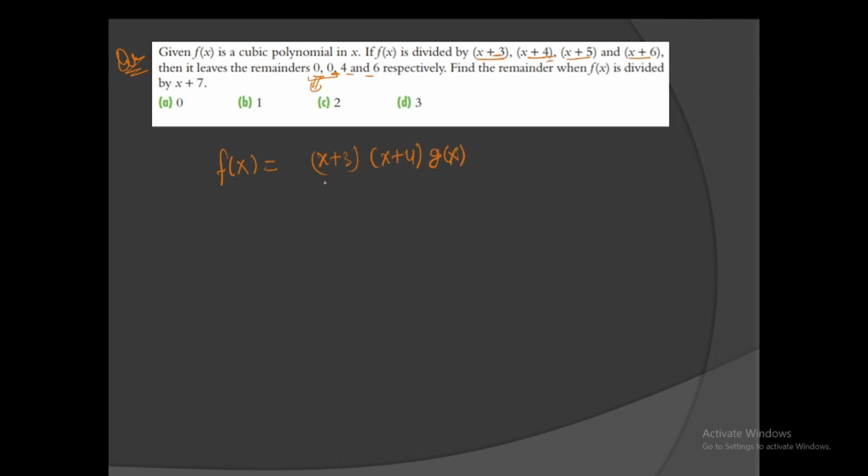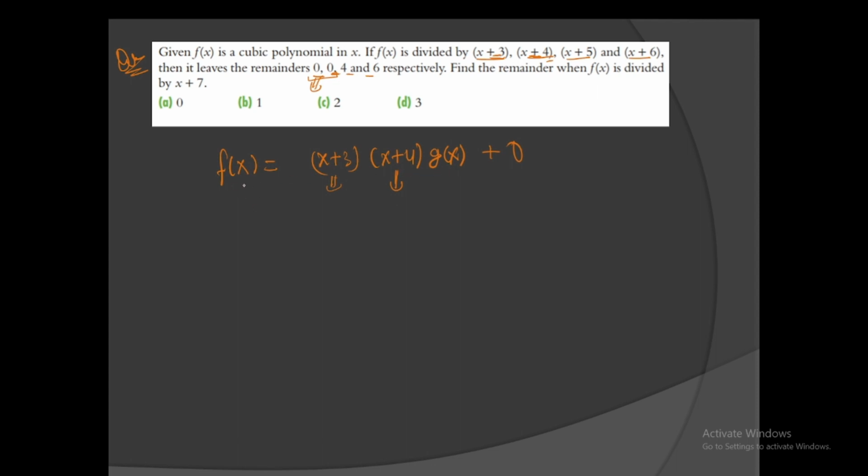This will be the polynomial function. Here the remainder will be 0, because if we divide it by x plus 3, basically we put minus 3, this will be 0 and the whole thing will be 0. And again, for division by x plus 4, we put x value to be minus 4. So this will be 0 and 0 into the whole thing will turn out to be 0.